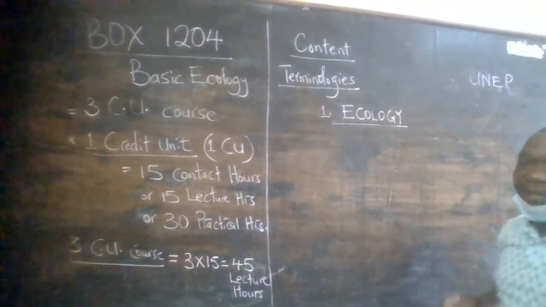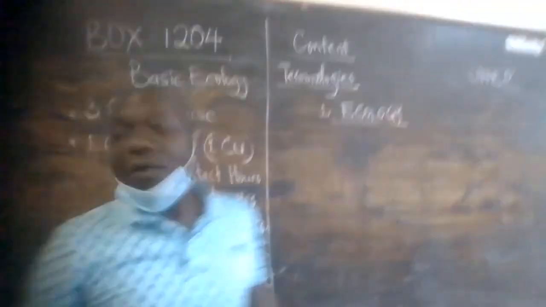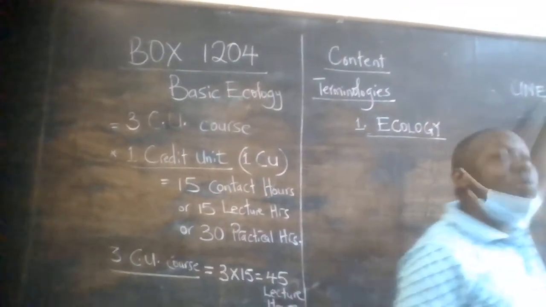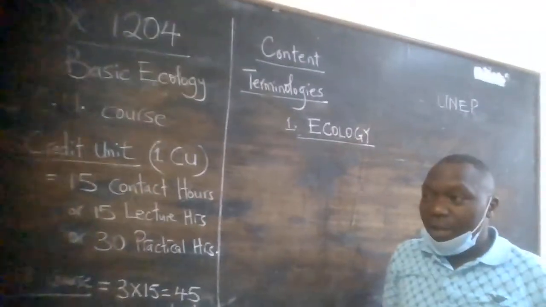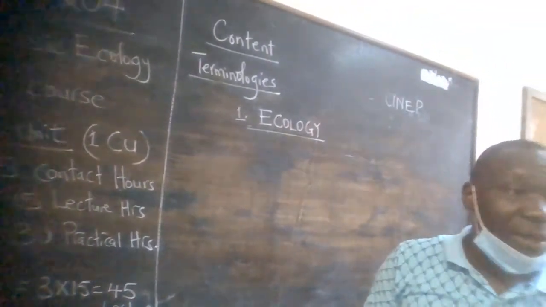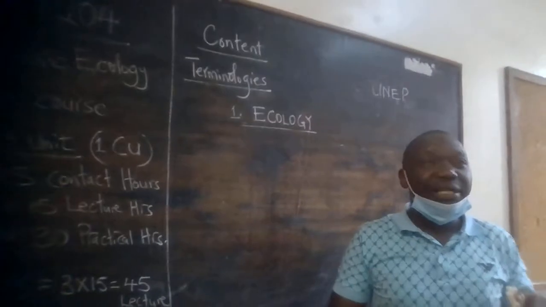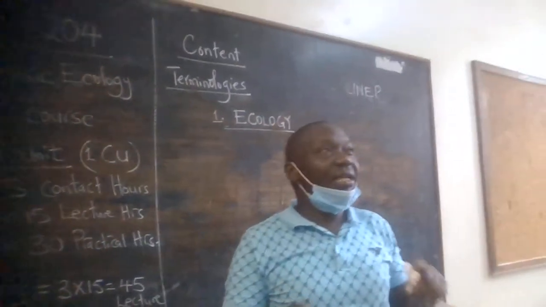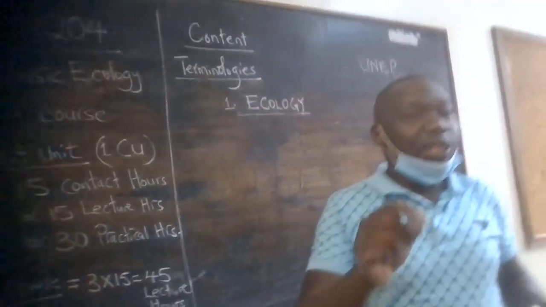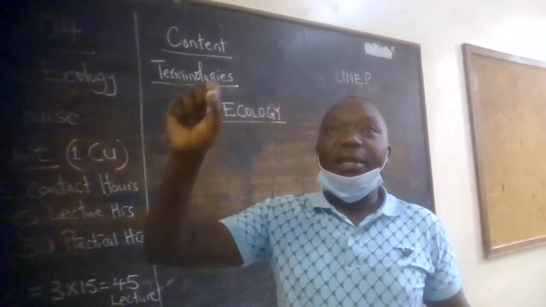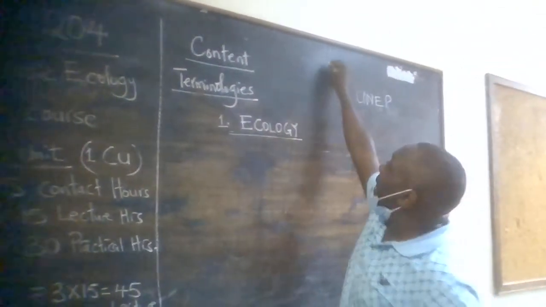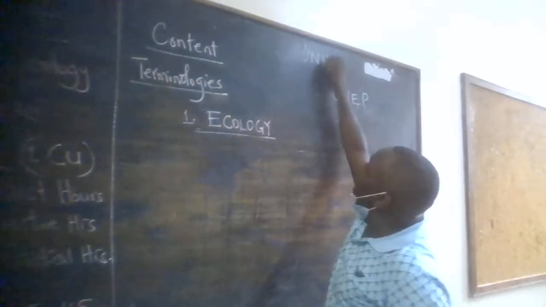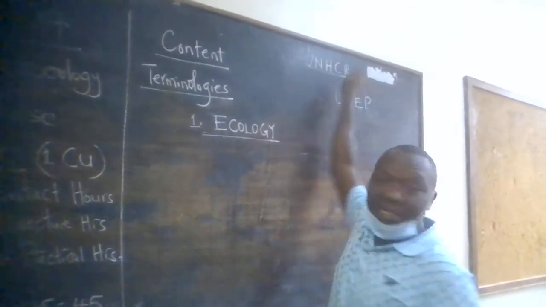You know that? United Nations Environmental Program. I have a student called Owoli Dominic. He graduated in 2019, and he has got a job in a refugee camp. He's working with the United Nations High Commission for Refugees.